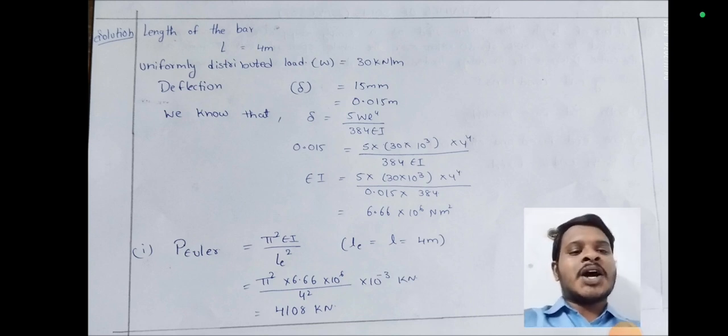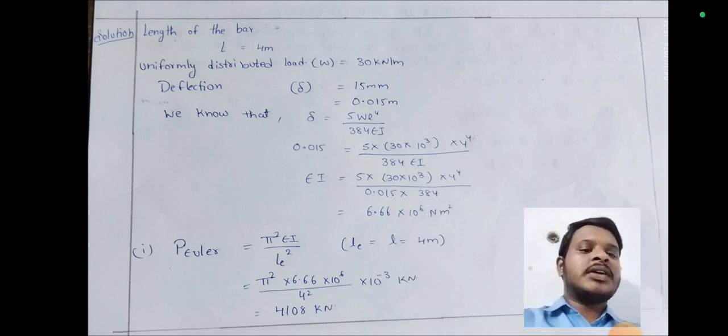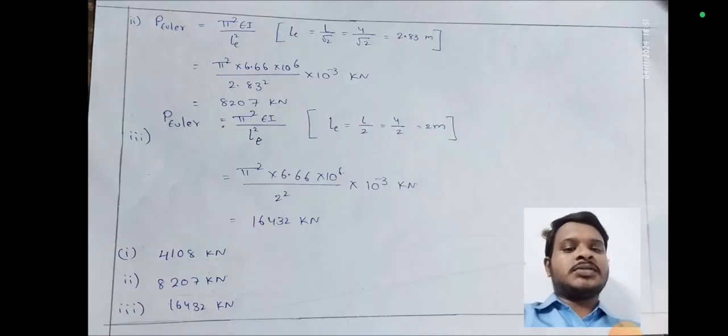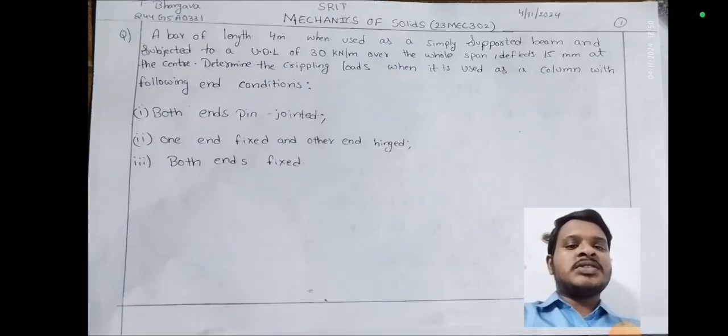Since above we have Newton meter, to get kilonewton we have to multiply by 10 to the power minus 3. So we got 4108 kilonewton.